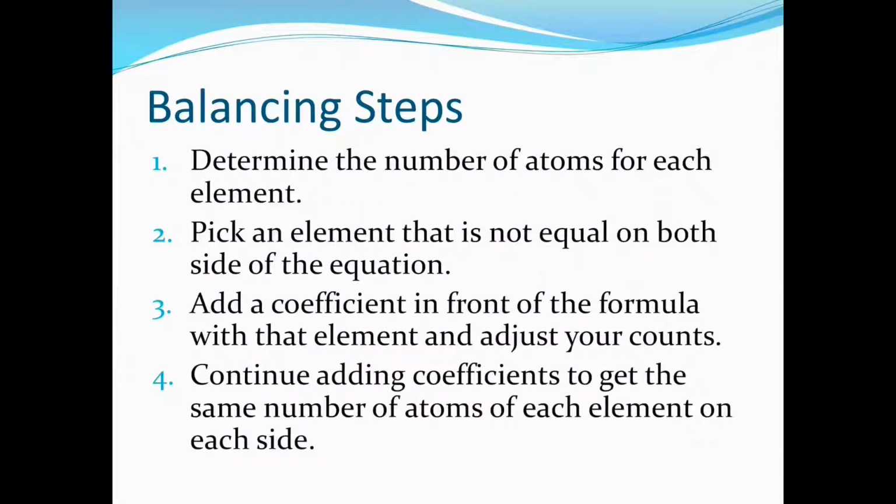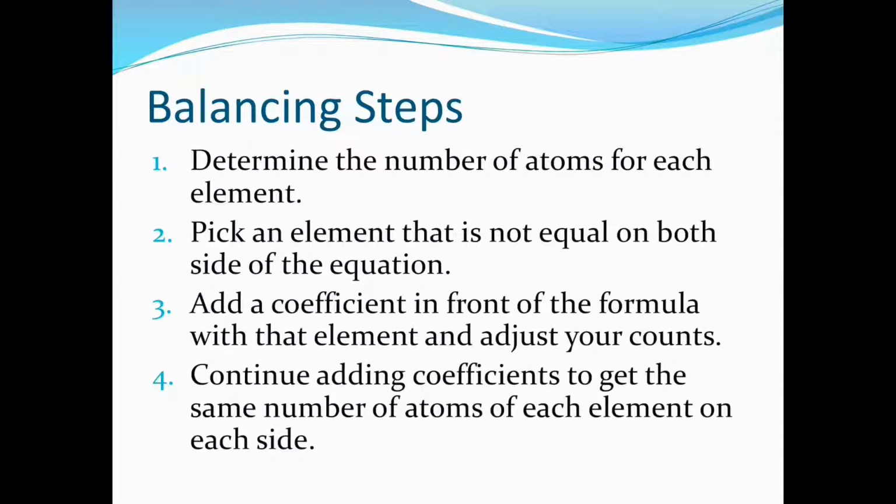So here are the steps to balancing the chemical equations. First, figure out the number of atoms you have for each element. That will help you identify which elements are not balanced and where you can go from there. The next step is going to be picking an element that isn't balanced that you want to try and balance.